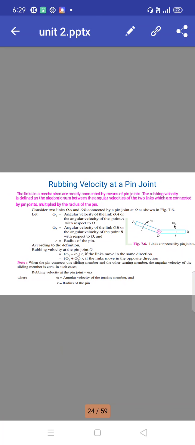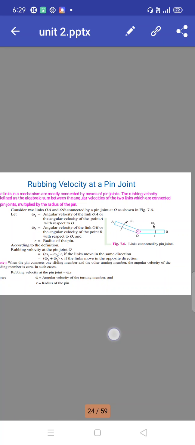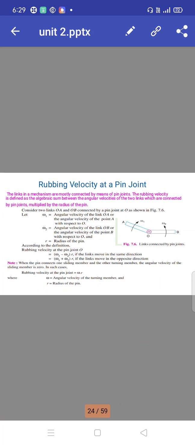Rubbing velocity at a pin joint. The links in a mechanism are mostly connected by means of pin joints. The rubbing velocity is defined as the algebraic sum of the angular velocities of the two links connected by the pin joint, multiplied by the radius of the pin.